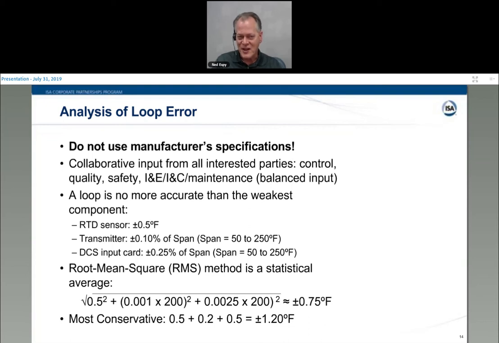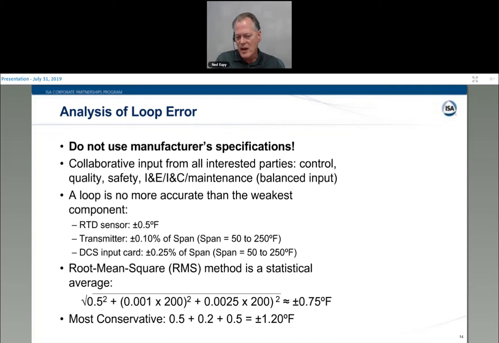And then, in the parentheses, we need to take the 0.25% times 200 and square that. You add those three numbers together, take the square root, and we could say that the RTD is half a degree, but the other two elements, the transmitter and the DCS input card, add another quarter of a degree of potential error. So that's one way to analyze a loop tolerance.